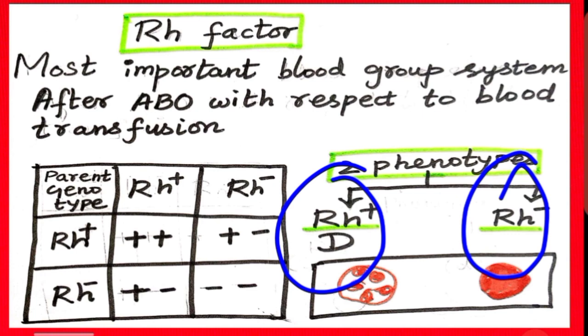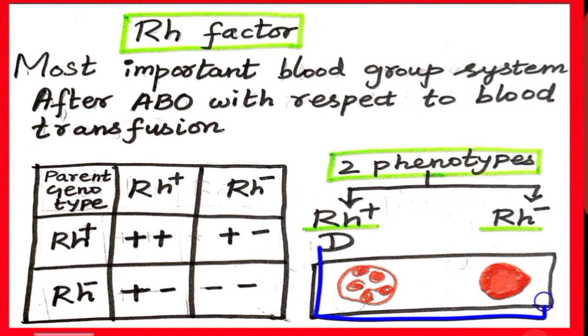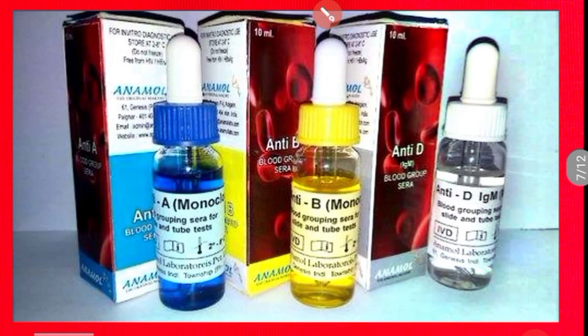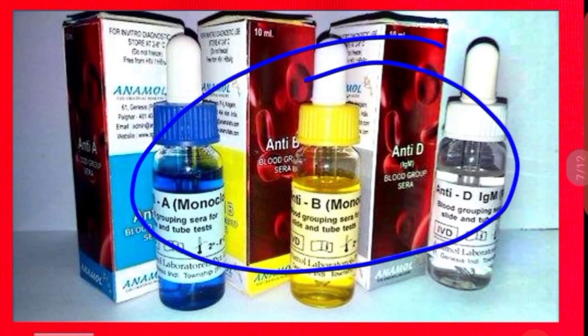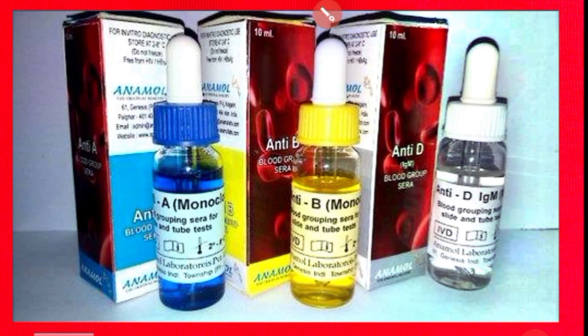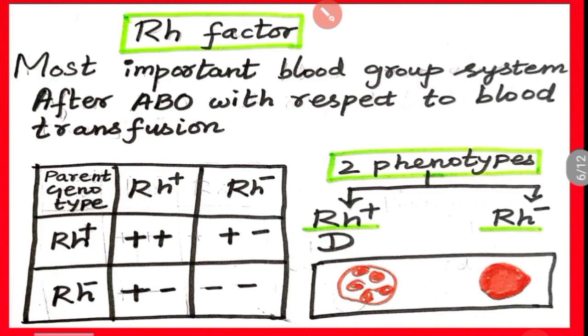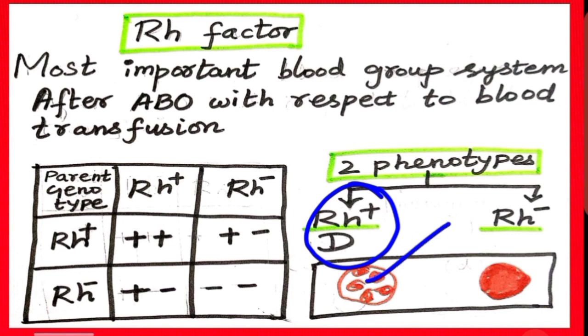In a blood sample, if you add a commercially prepared antibody against the Rh factor, that is antigen D, and you end up getting agglutination, right?